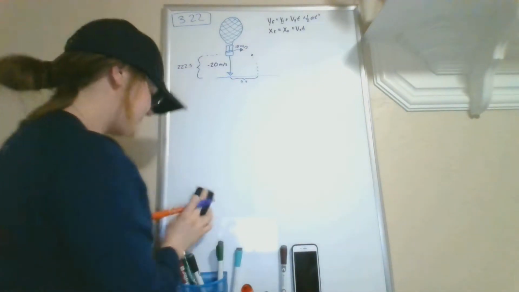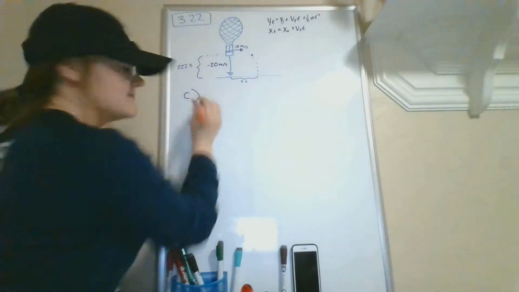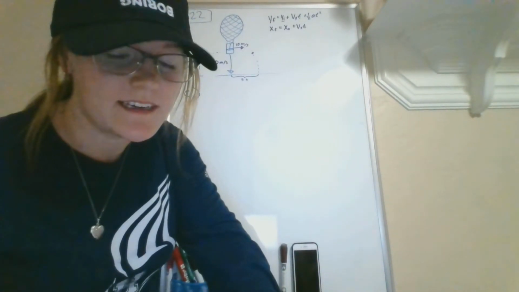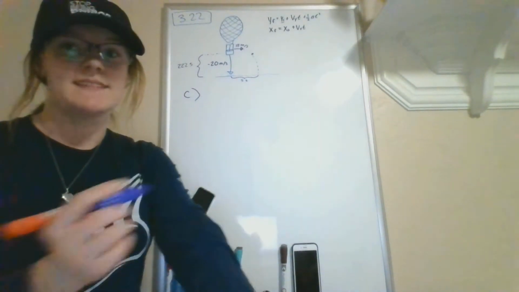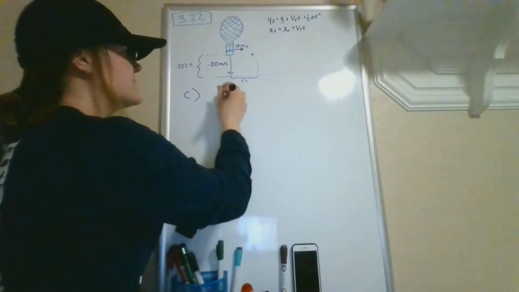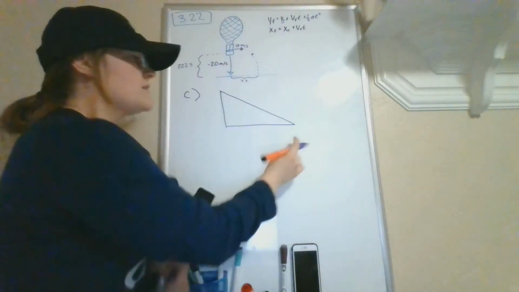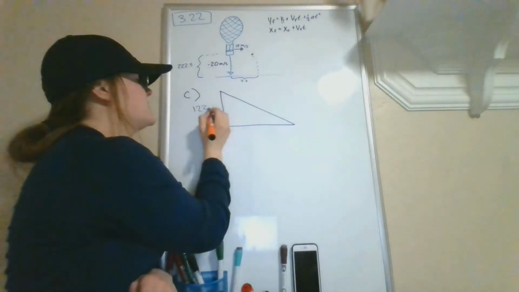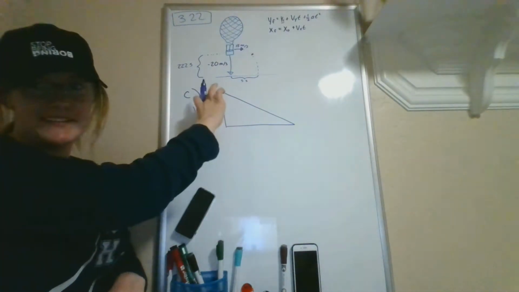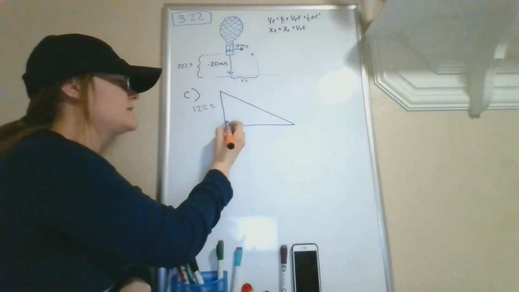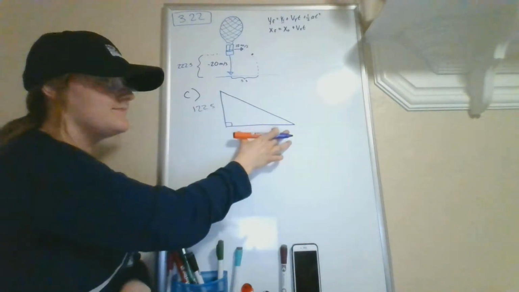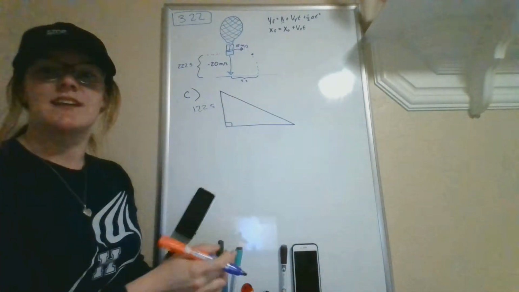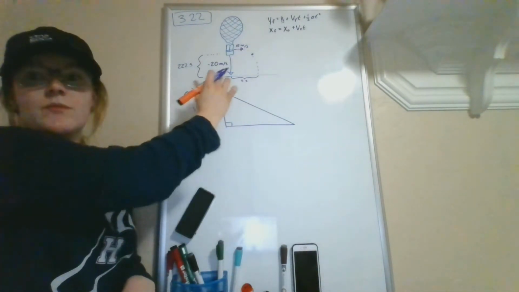Okay, now we're going to do part C. Part C says, at the instant the rock hits the ground, how far is it from the basket? So now we're going to do triangle stuff. When the rock hit the ground, the balloon was 122.5 meters in the air. If we can find this x distance, then we can solve for the hypotenuse, which is going to be how far the rock is from the basket.